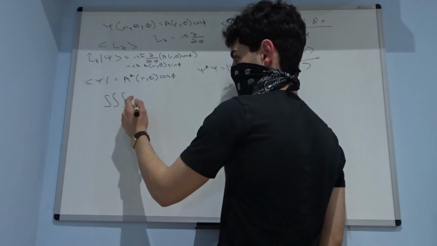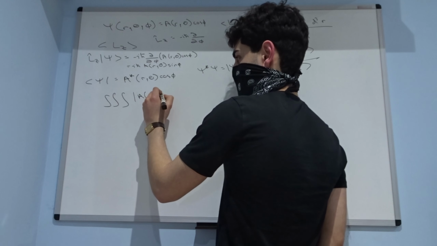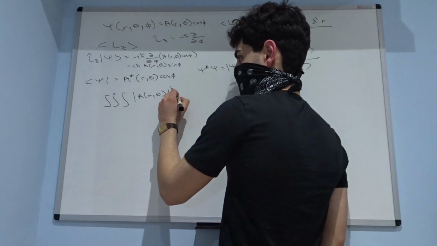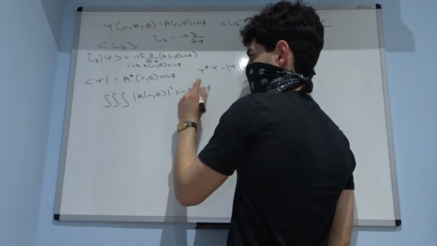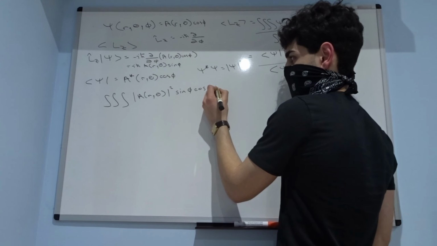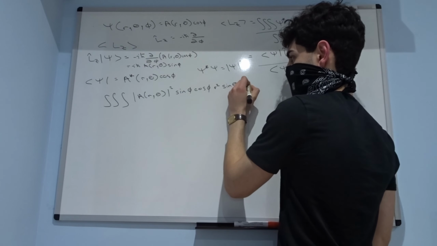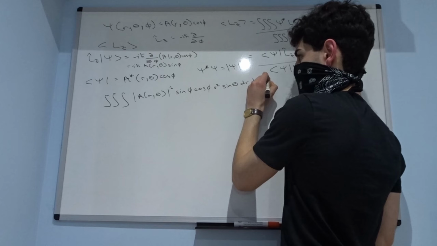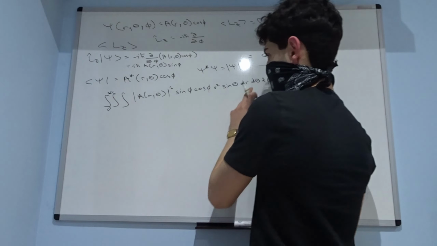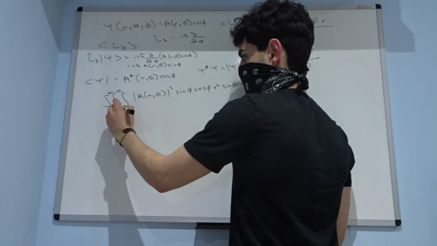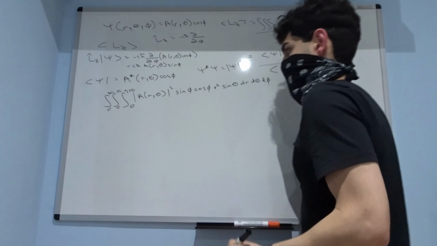So we can put that here, A of r theta squared, sine phi cos phi, and because we're using spherical coordinates, r squared sine theta dr d theta d phi, and our limits are infinity and 0 for dr, pi and 0 for d theta, and 2 pi and 0 for d phi.